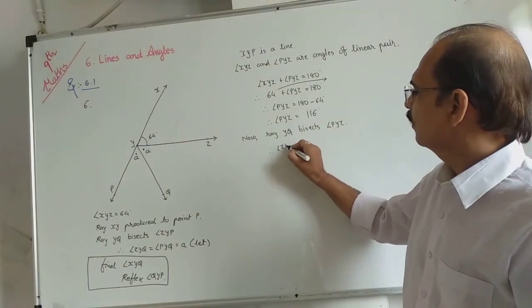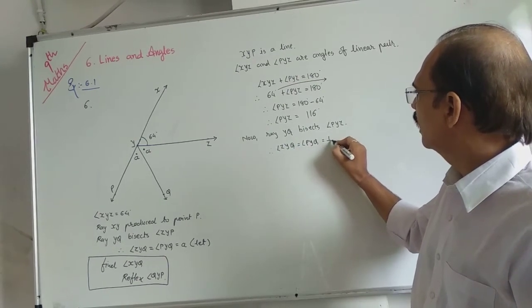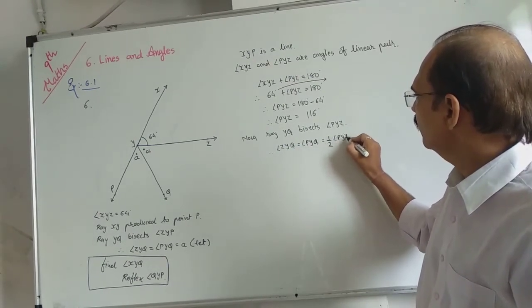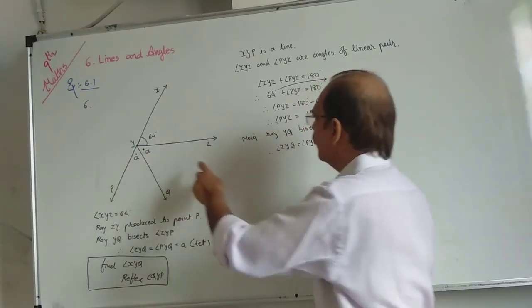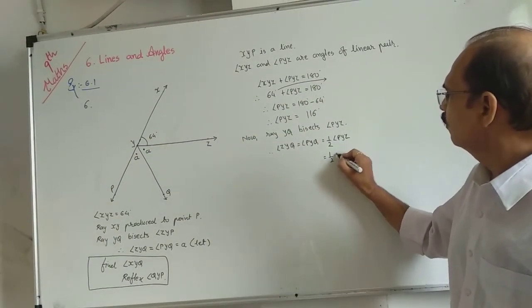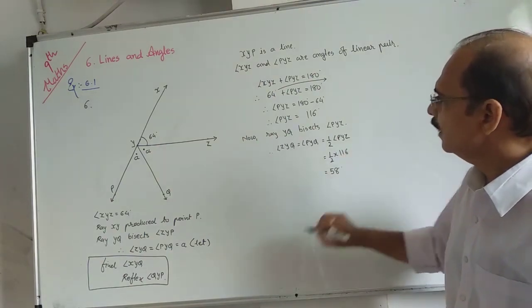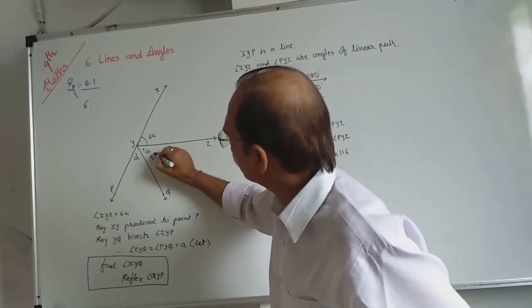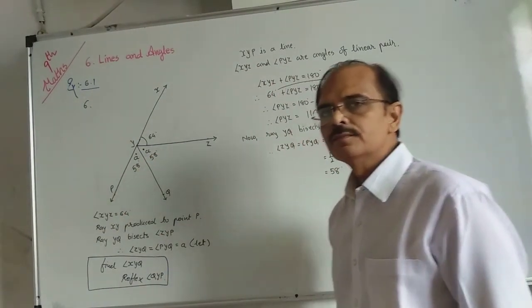So angle ZYQ equal to angle PYQ equal to half of angle PYZ. Total angle PYZ is divided into two parts. Half of 116, that is 58 each. Means angle a is 58 and this angle is also 58.